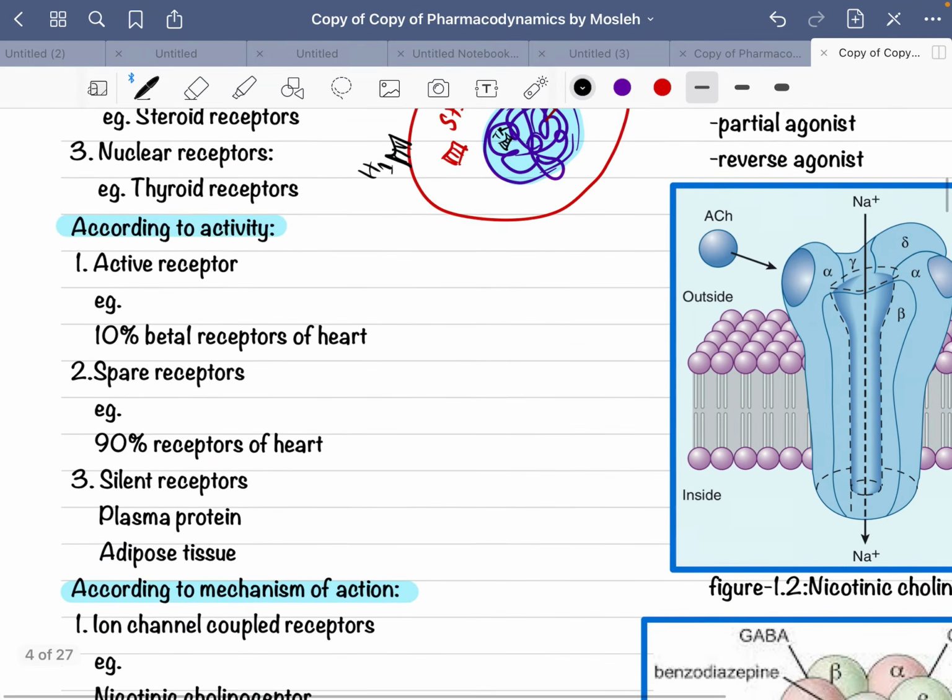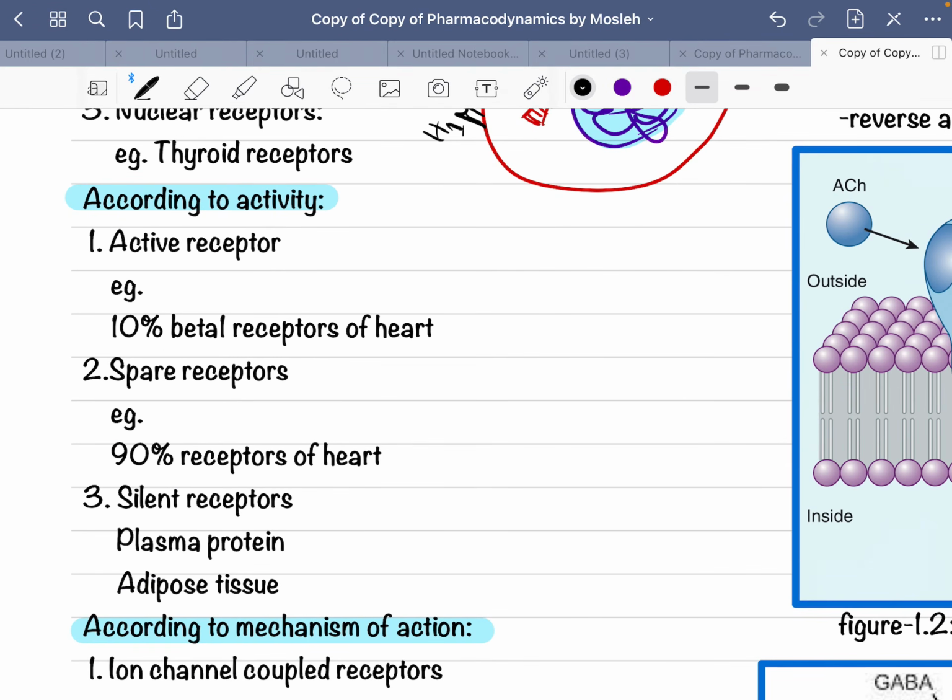Okay, according to activity there are 3 types of receptor: active receptors, spare receptors, and silent receptors. Such as in your heart, for example, you have 100 beta 1 receptors.